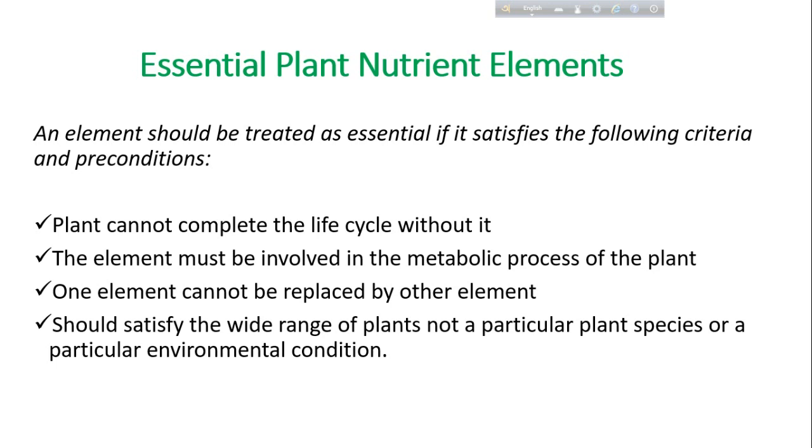So each of the nutrients should be given to the plant. And finally, the elements should satisfy the wide range of plants, not a particular plant species or a particular environmental condition. That means the satisfaction should be universal, not for any one species of plant, for example rice, wheat, maize. All vascular plants should satisfy the essentiality of the nutrient elements.